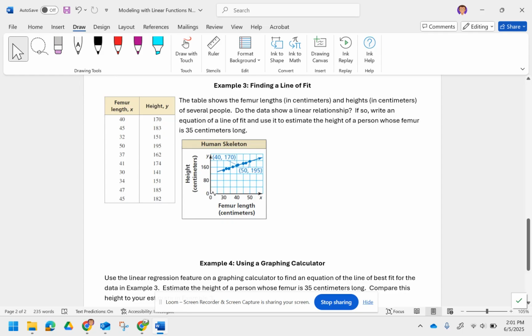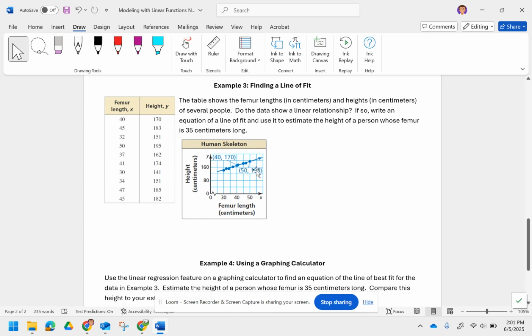When you're picking these 2 points, they do not have to be points that were in your previous table. Sometimes when you draw your line of fit, it doesn't go through any of the points that were previously drawn on the scatter plot. And that's okay. You would just pick 2 points along the line that you drew.